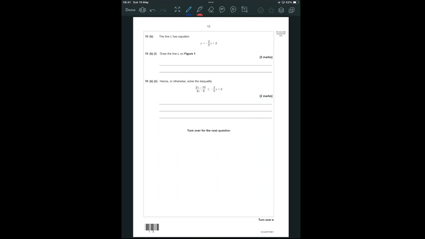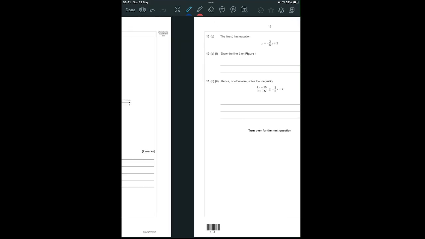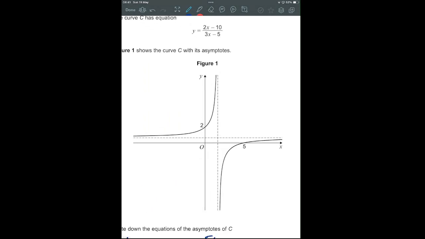Okay, we have a new line, y equals negative 2/5 x plus 2. So plus 2 is telling me it's going through there. Negative 2/5 means it's sloping downwards. I do want to check where it crosses the x-axis, because at the moment I don't know if it goes there before the asymptote, it could go there after the asymptote, it could even go all the way over there and go through that 5 or beyond.